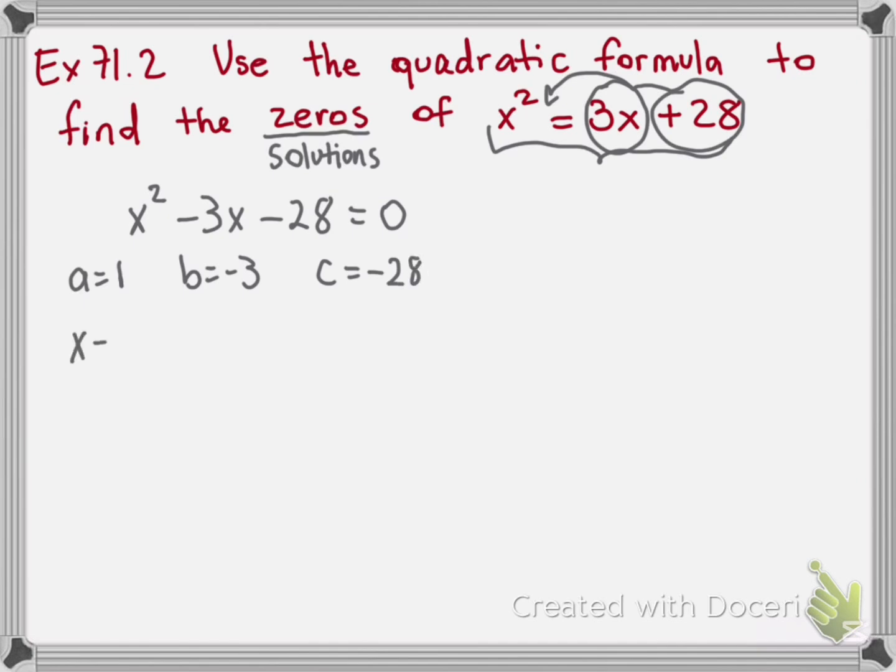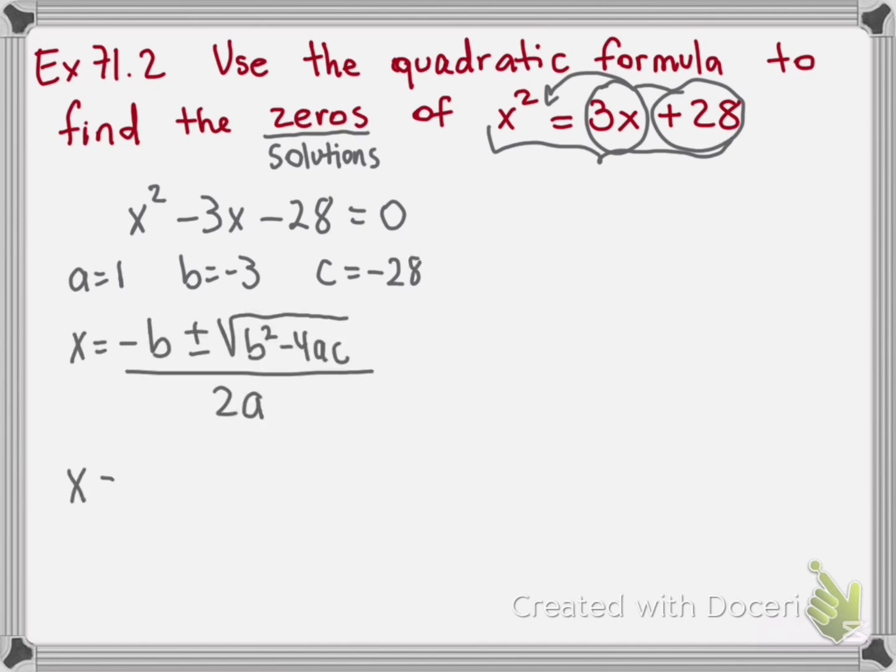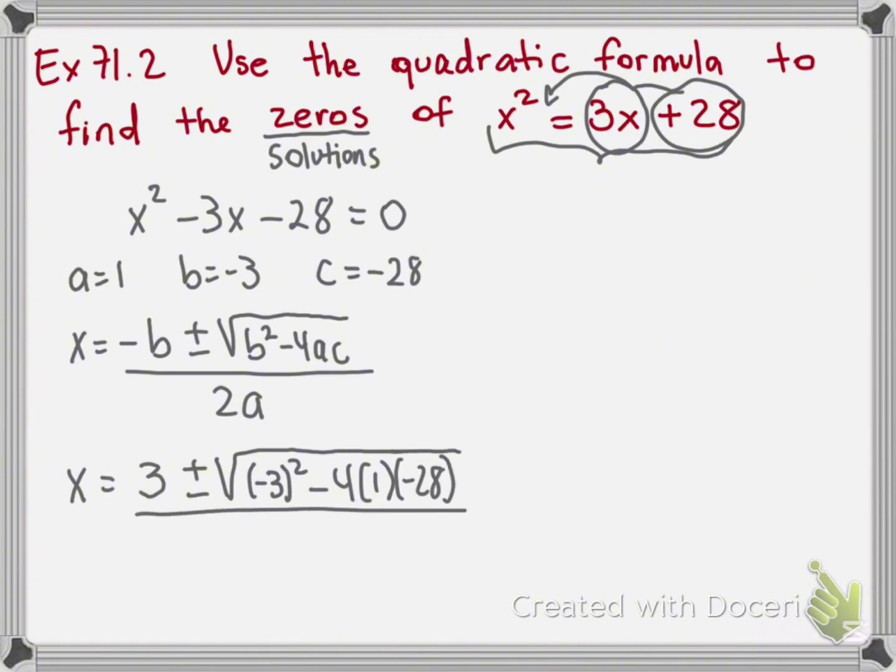Now we're going to write our formula, and then we're going to change the values. Again, minus b means change the sign of b. So instead of -3, I'm going to put +3. We're going to do (-3) squared minus 4 times 1 times (-28). And all of that over 2 times 1.